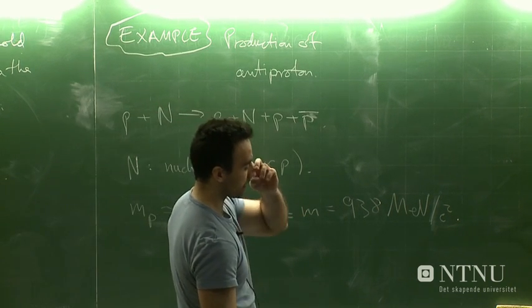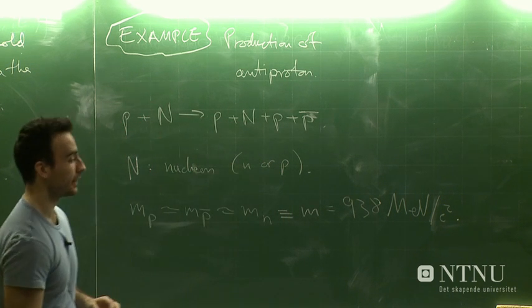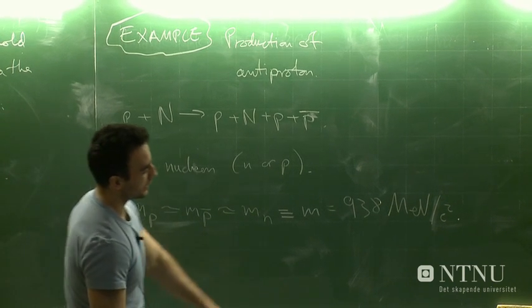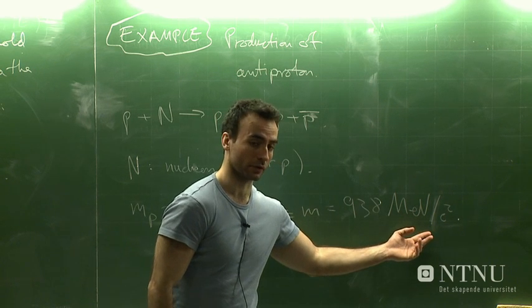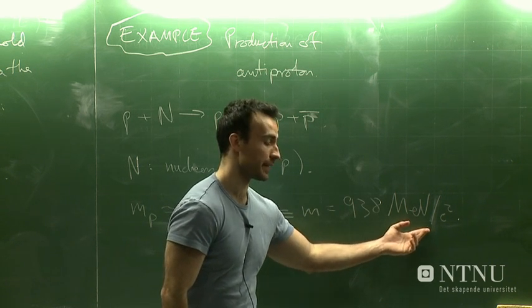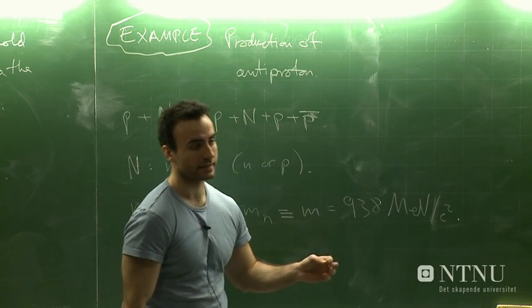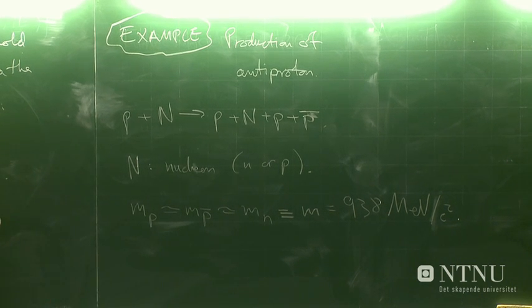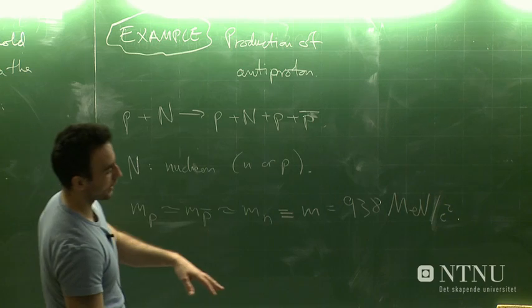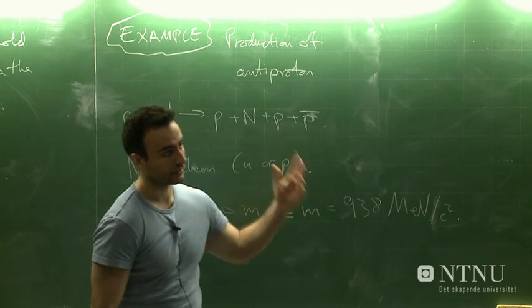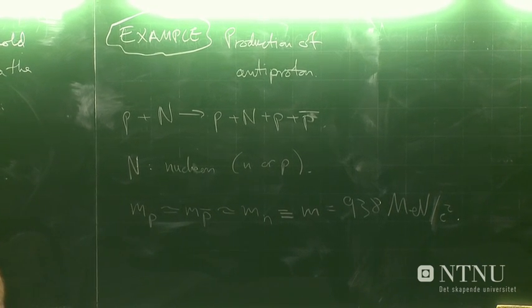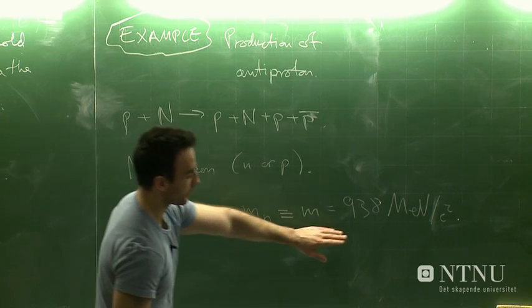And numerically, it's given by 938 mega electron volts per c squared. So this notation is often used in particle physics. This has dimension mass. Energy divided by velocity squared has dimension mass. So this is often more convenient than writing 10 to the minus 25, something like that, kilograms. So particle physicists often use this kind of notation.